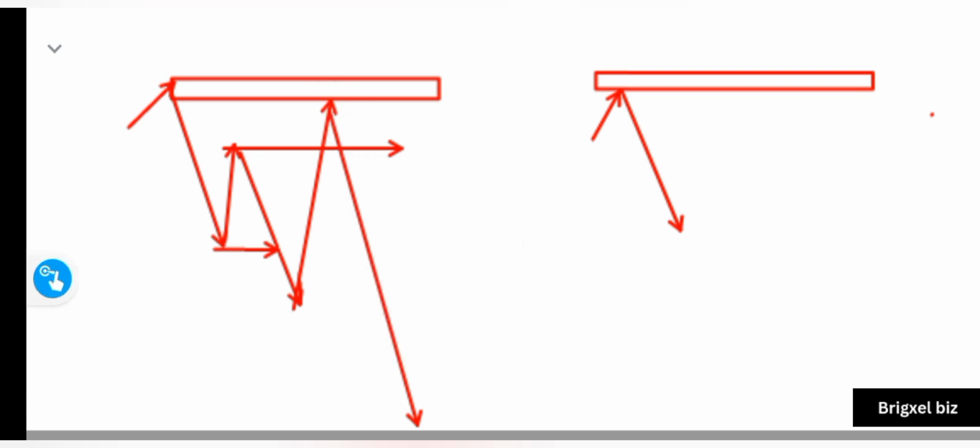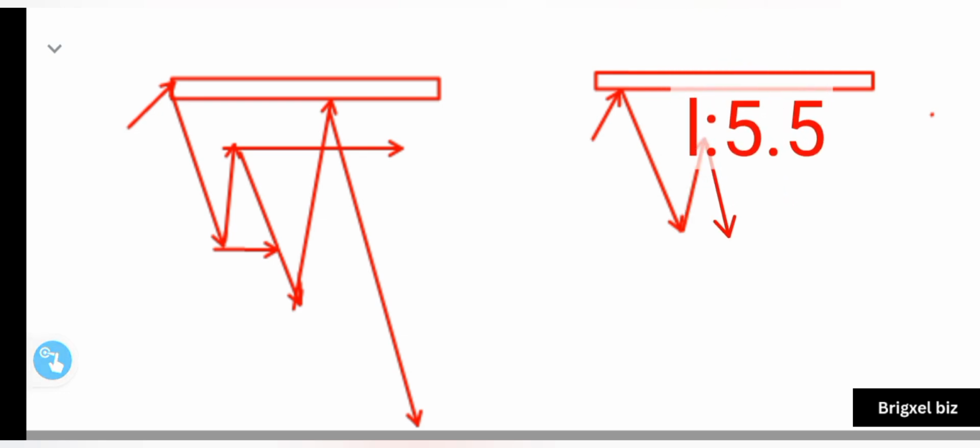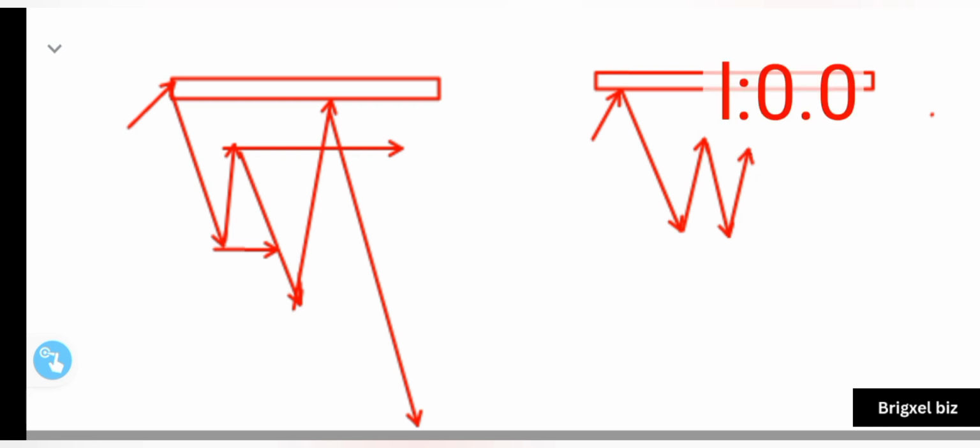As I said earlier, from here you can have the pullback come to this level and push the market to this level. The market can even do all of this and create all these zones. Notice what I have here.